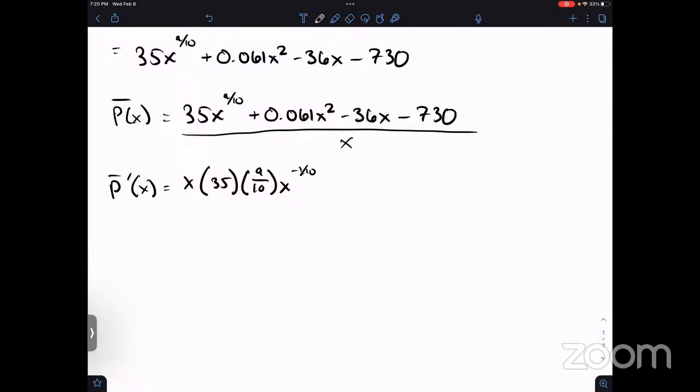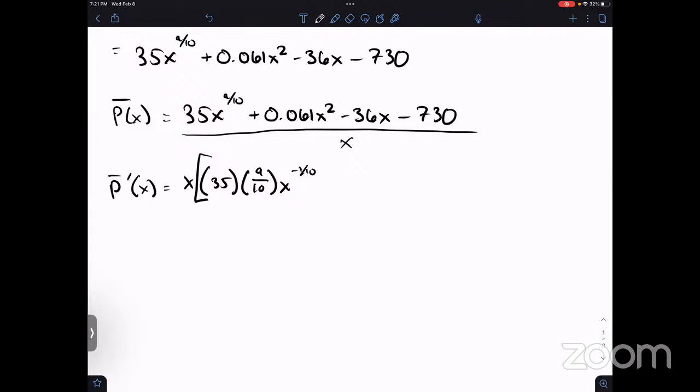Right? The 9/10 comes down, you subtract 1 from the power. Let me think about this. And we need to distribute this x, so we got to be cognizant of that. I feel like this is a bit much. Bottom times the derivative of the top minus the top times the derivative of the bottom. Don't want to keep going.